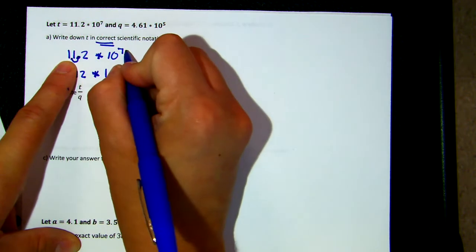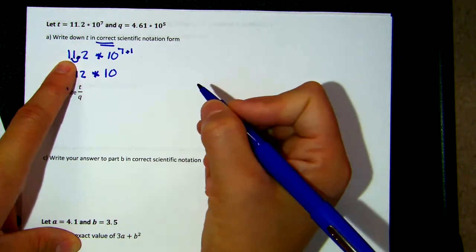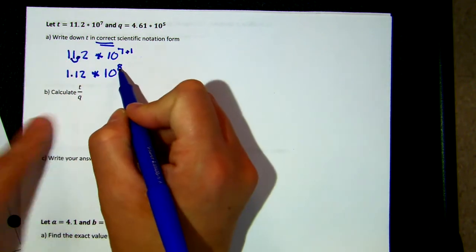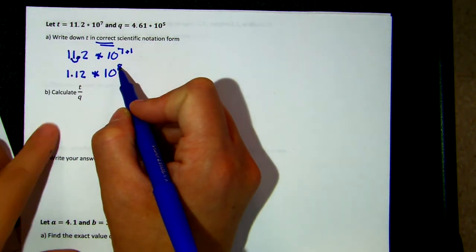If we've moved this one more to the left, we have to add 1 to our exponent because that's another space we've moved. So this becomes times 10 to the 8th. So when we move our decimal place once more, we've got to add 1 to our exponent as well.